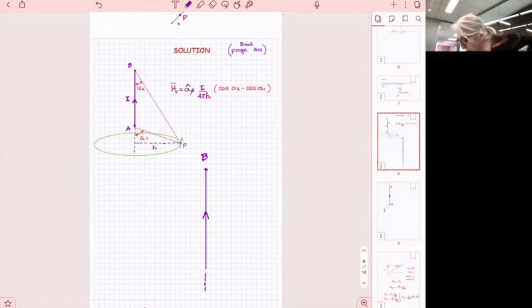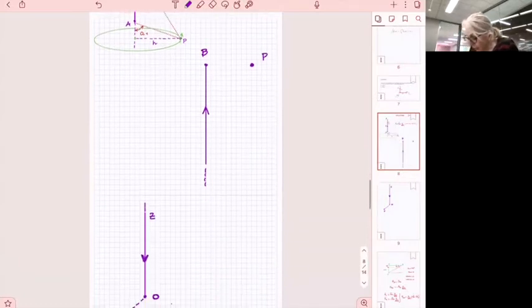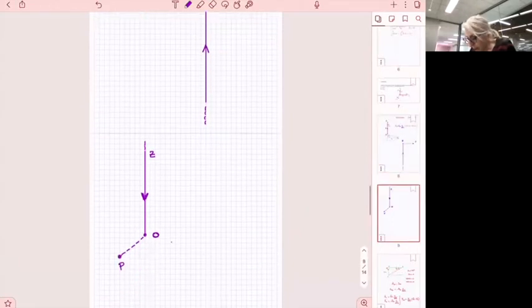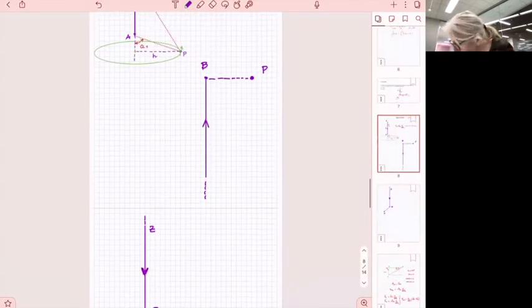And then my point P is somewhere here. I think that will be more similar to what I have here.